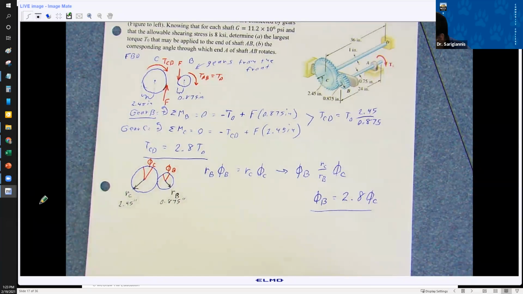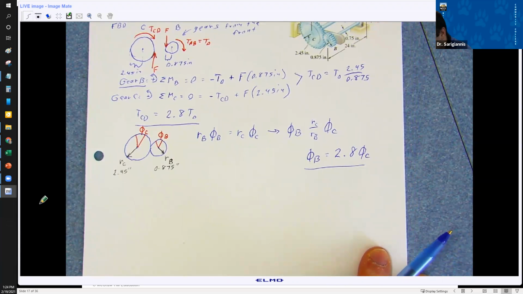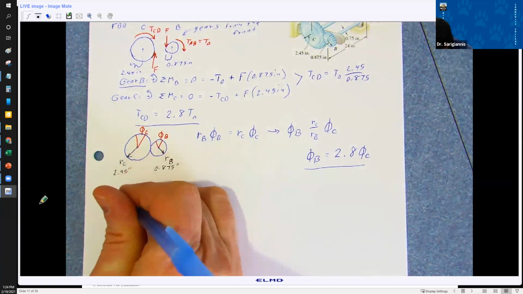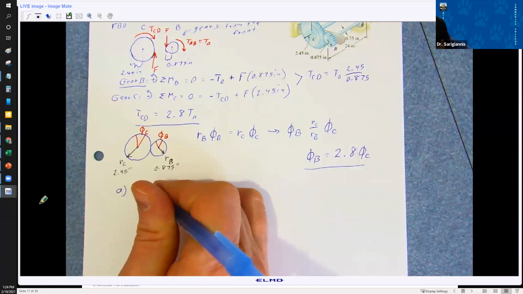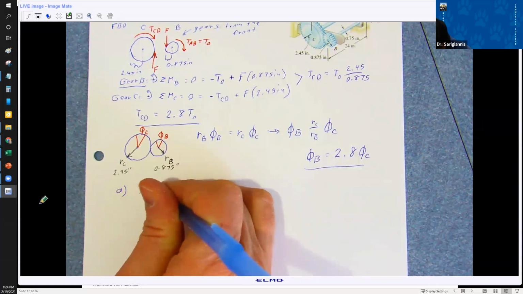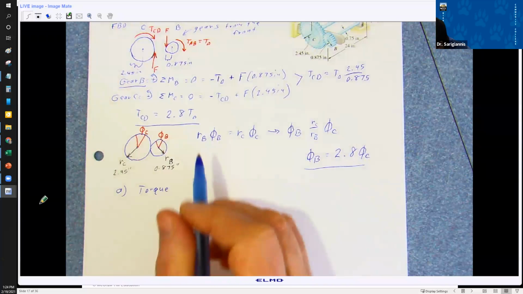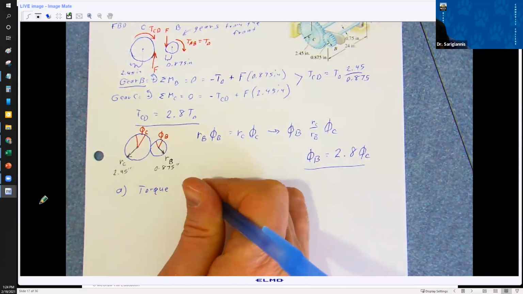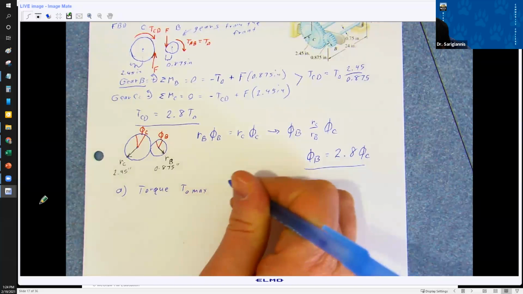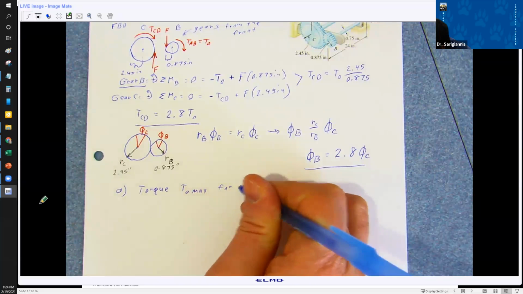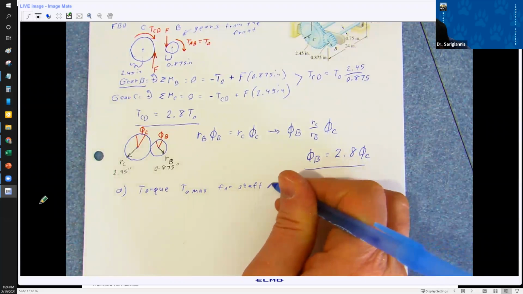All right, so now that we have these relationships, we're actually ready to start solving the problem. So for part A, we're interested in the torque. So the largest torque, T naught max for shaft AB.